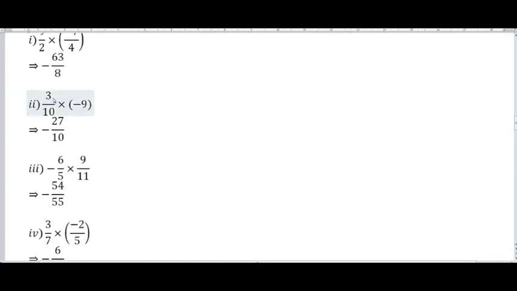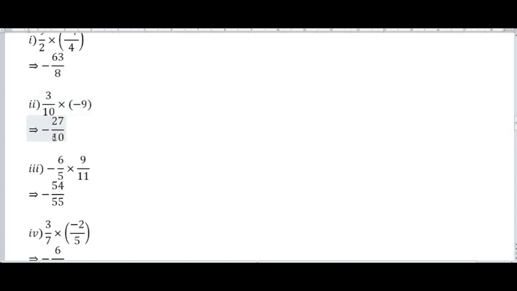So minus 9 is the numerator, and you have to multiply with 3. 3 nines are 27. But here 9 is carrying a minus sign, so we have to put minus 27 by, here there's always 1, so 1 into 10 is 10.